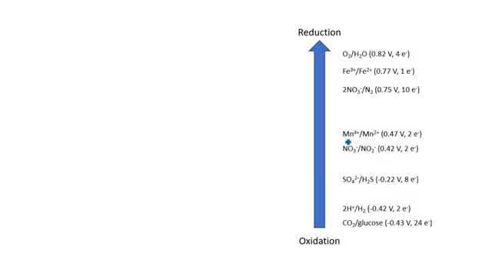Okay, so if we remember back to our electron tower, we can remember that reduction of nitrate into nitrogen gas is a little bit lower than reduction of oxygen into water in terms of energy.